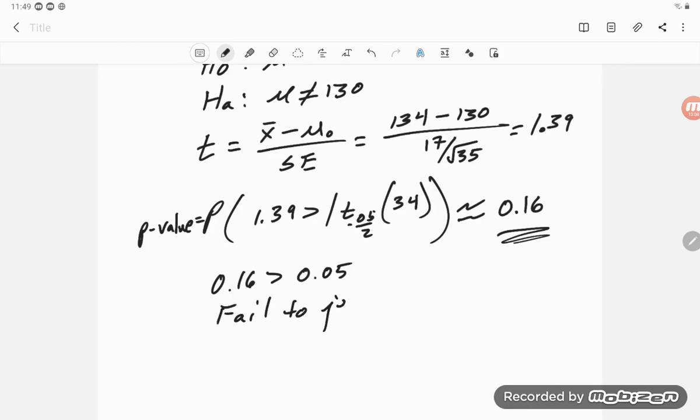to reject H0. Now, of course, yeah, fine, but what does that mean?